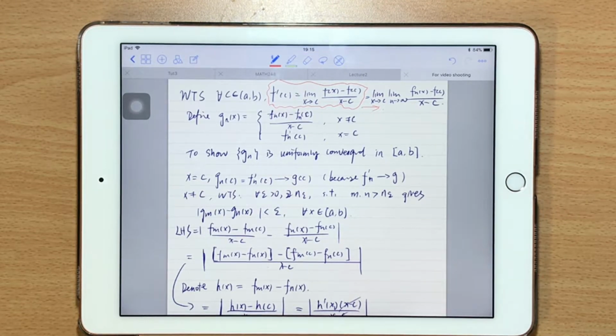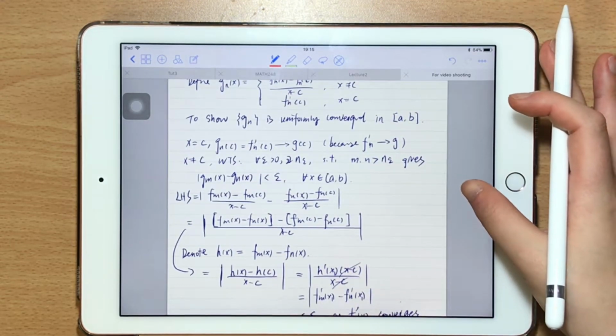If x is not equal to c, we have f_n(x) minus f_n(c) over x minus c. So this is g_n(x), and we show that g_n(x) is uniformly convergent in [a, b] to g, right?